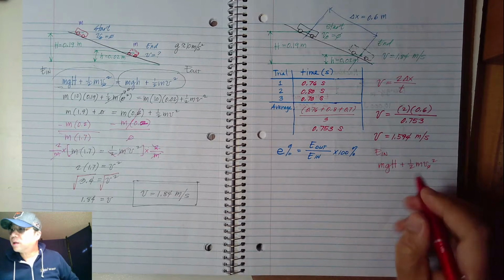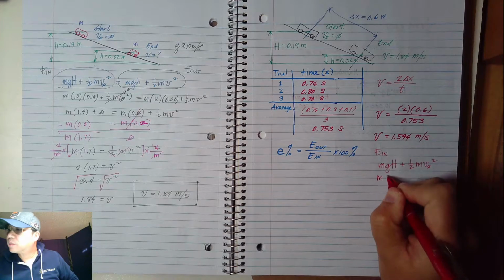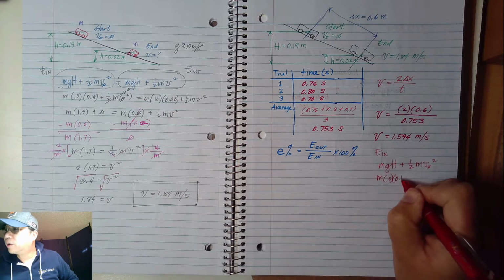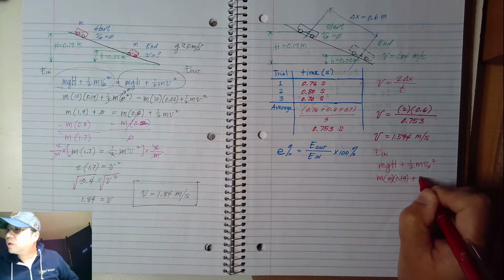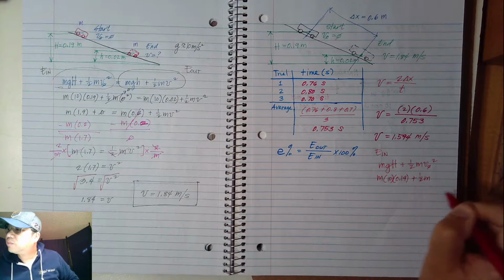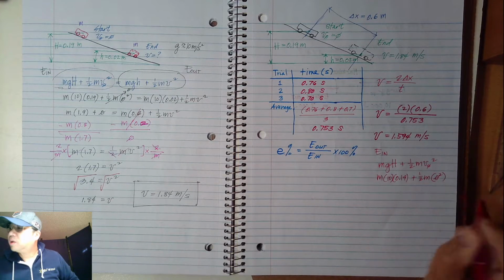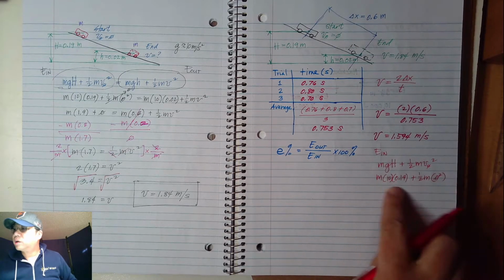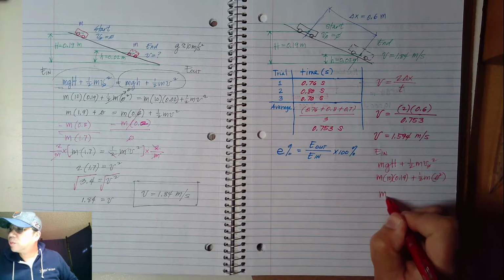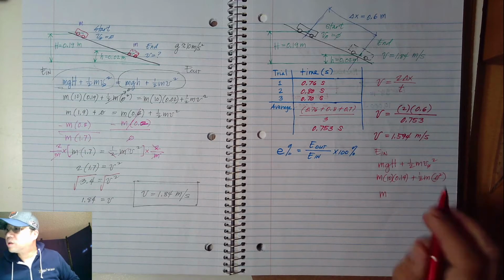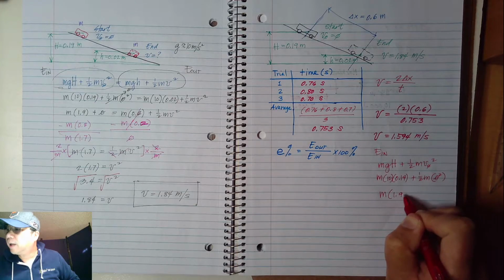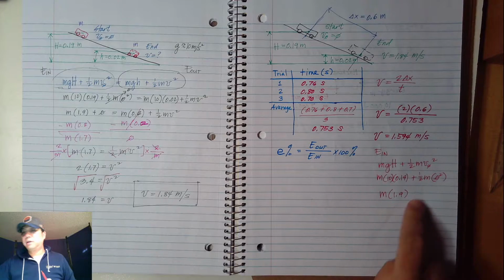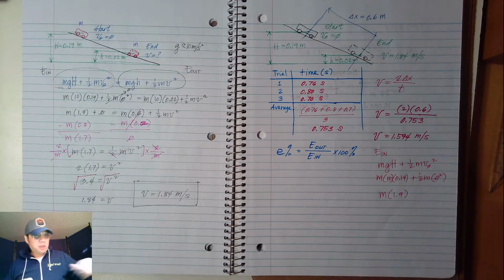So let's plug in the values, which gives us m times 10 times 0.19, not 0.9, plus 1/2 m times 0 squared, and right away we know that this is 0. So energy in is simply our mass multiplied by 10 times 0.19, which is m times 1.9. So this is our energy in.